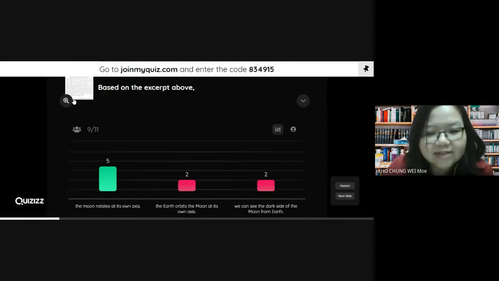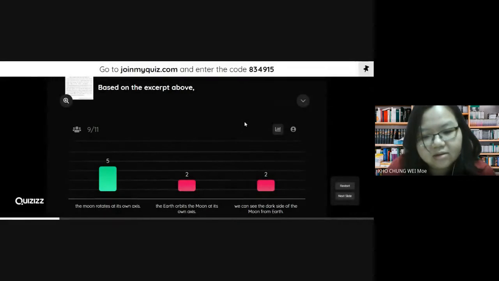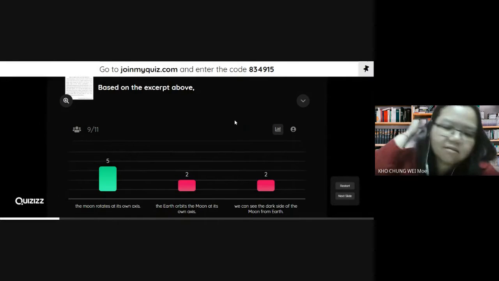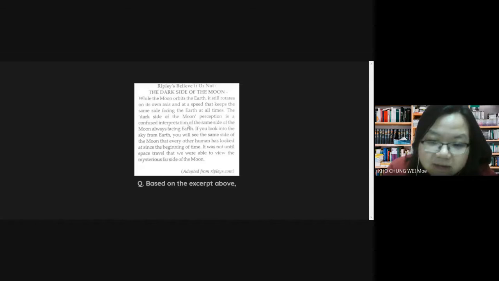If you look at the text, the first sentence says, the moon orbits the Earth, not the Earth orbits the moon. Okay? And basically, this is a basic science knowledge or scientific fact that you should have learned in your science class in primary school already. Okay, the third, we can see the dark side of the moon from Earth. Okay, if you look at somewhere at the beginning it said that keeps the same side facing the Earth at all times, so same side.